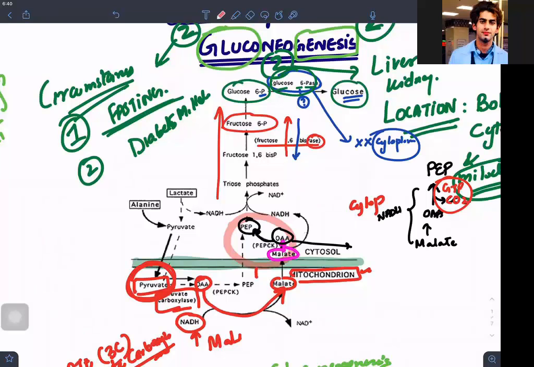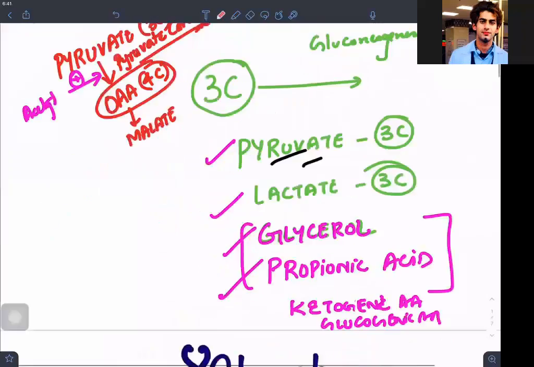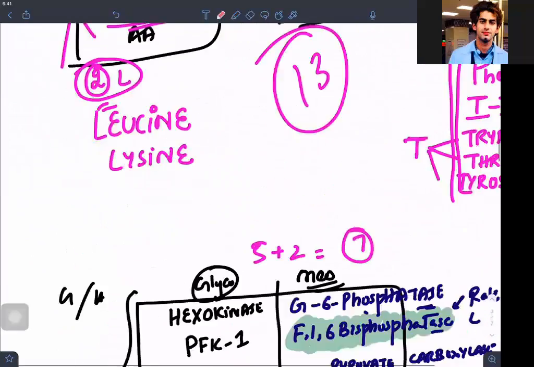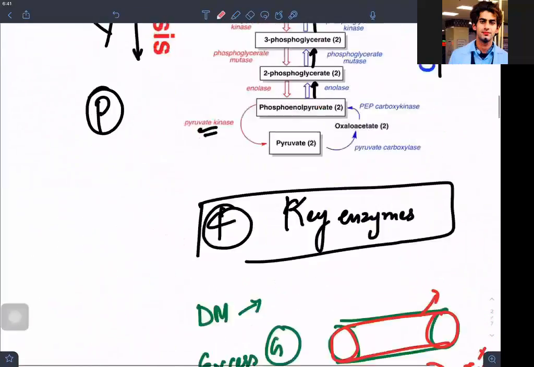So this malate was getting converted into PEP, and now this PEP will be reaching finally the fructose 1,6 bisphosphate, where I will be using another enzyme, fructose 1,6 bisphosphatase, converting fructose 1,6 bisphosphate into fructose 6 phosphate, getting converted to glucose 6 phosphate, where I need an enzyme which is not in the cytoplasm but in the endoplasmic reticular membrane. That story you remember, how it is coming through this process, that part you have to understand here.